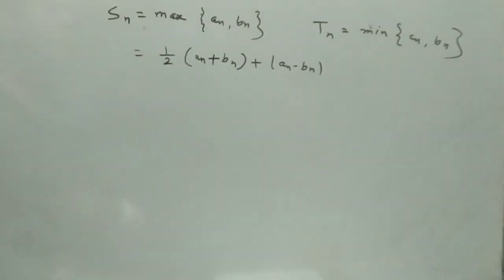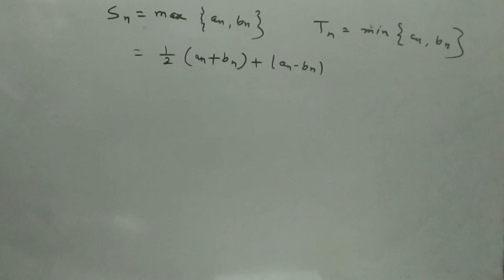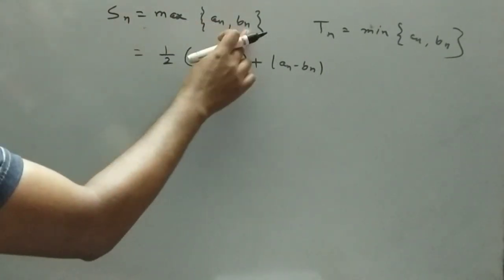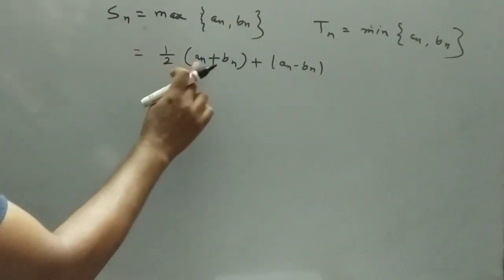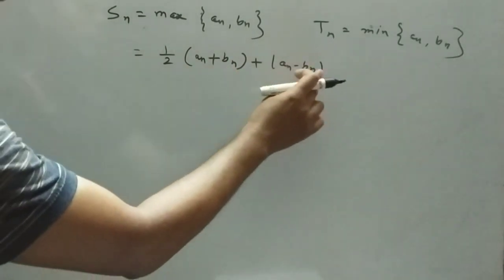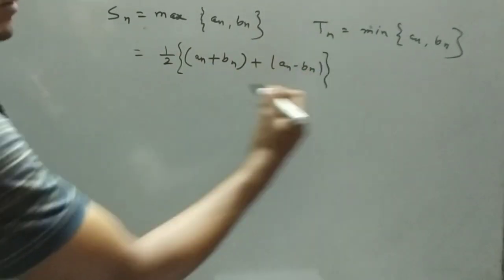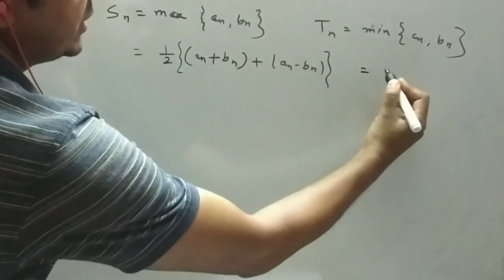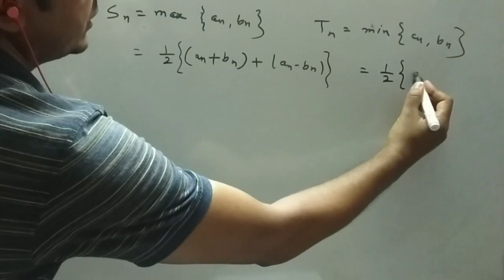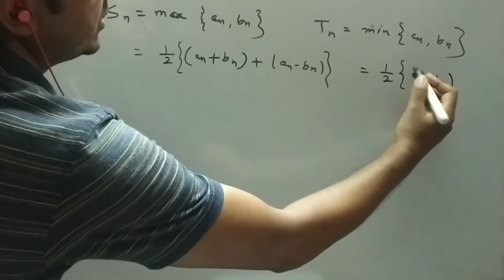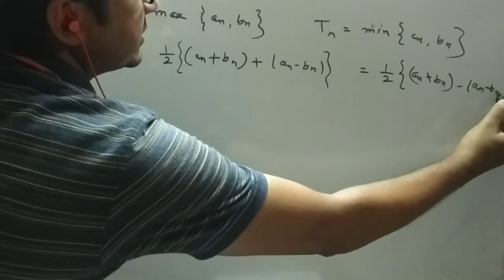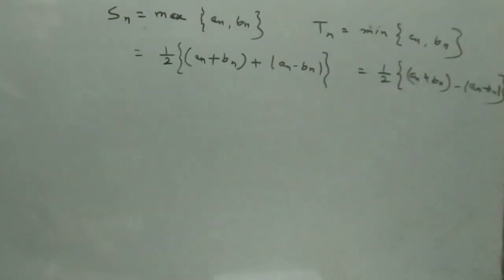Here Sn equal to maximum of an, bn is equal to half (an plus bn) plus mod of (an minus bn). Also, Tn is equal to half (an plus bn) minus mod of (an minus bn). Okay.